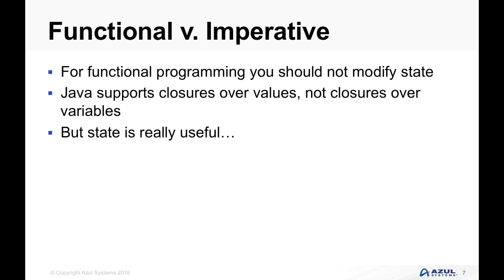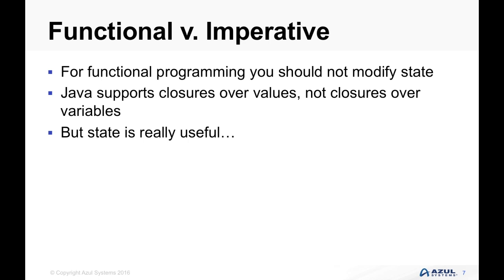Now, if you look at the differences between functional and imperative programming, one of the key things with functional programming is that you shouldn't modify state. It's the idea that a function, as a mathematical function, can take the same value as many times as you want and give the same value out.